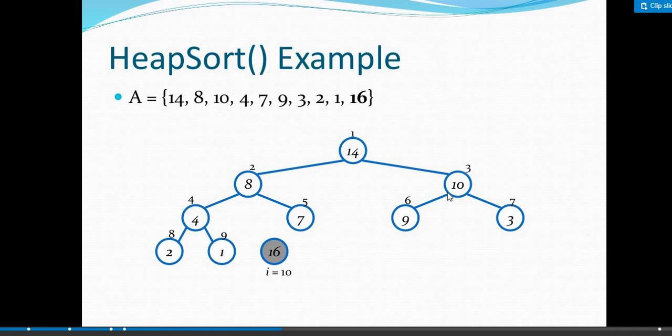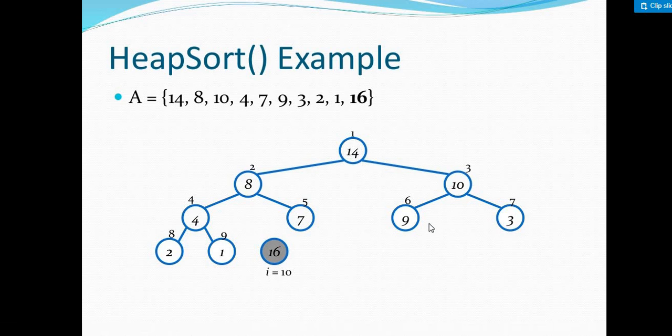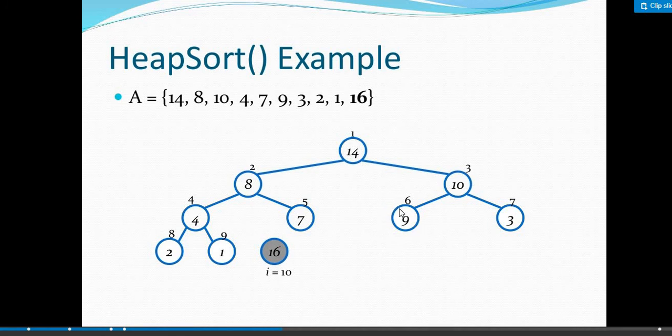Now this place will become empty again, and out of 9 and 3, whichever is greater will come up to this place. Now we are shifting 14 to this place, so 1 will be shifted here. Now 14 and 16 both will be sorted.